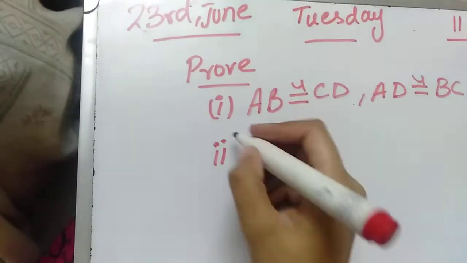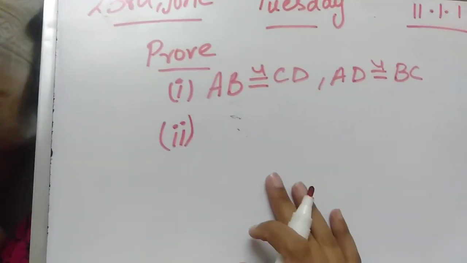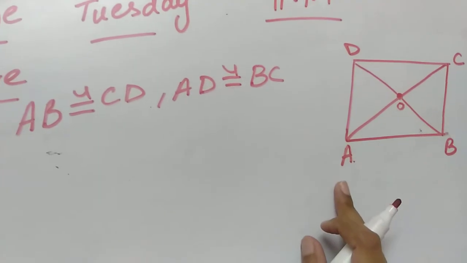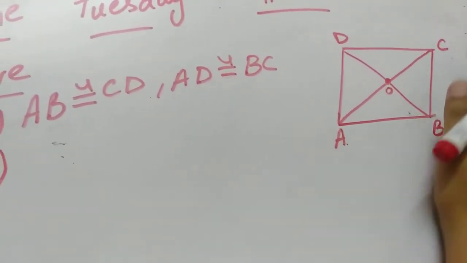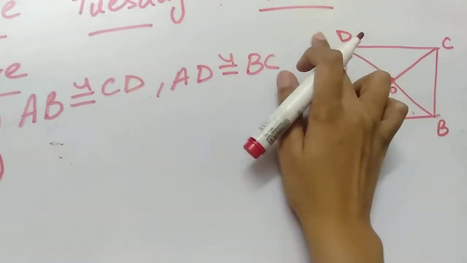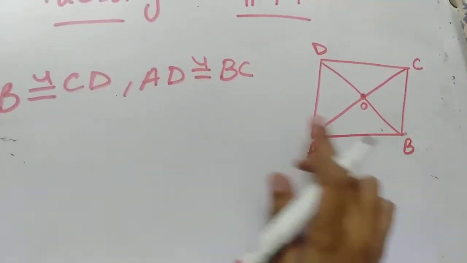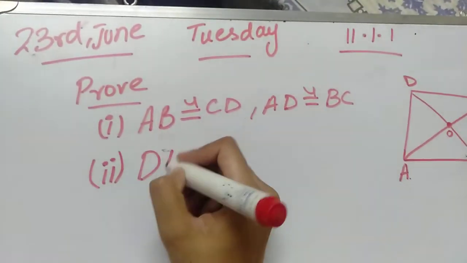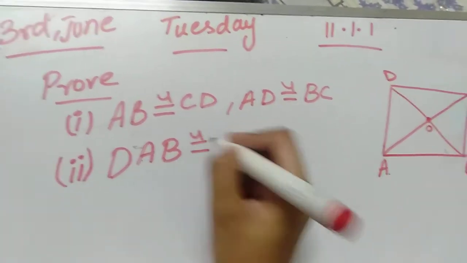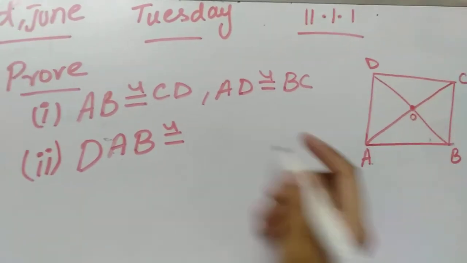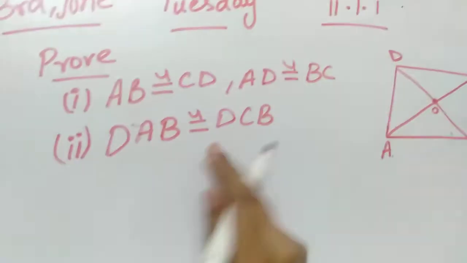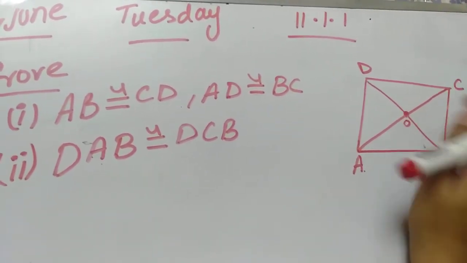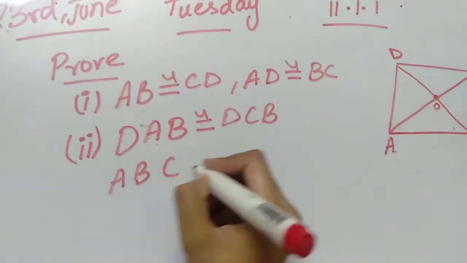Then at the second point it is given that we have to prove the opposite angles are congruent. So what are the opposite angles? These are the opposite angles. A is opposite to C and B is opposite to D. So these are the opposite angles. We will write angle DAB is congruent to angle DCB. This point we have to prove, and we will write angle ABC is congruent.